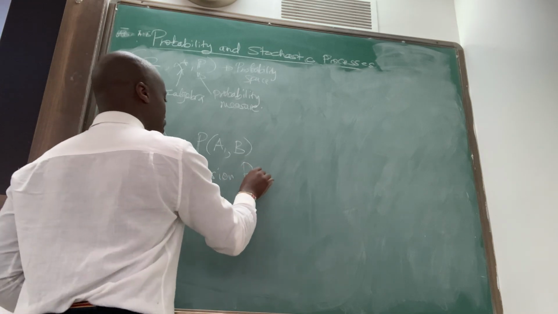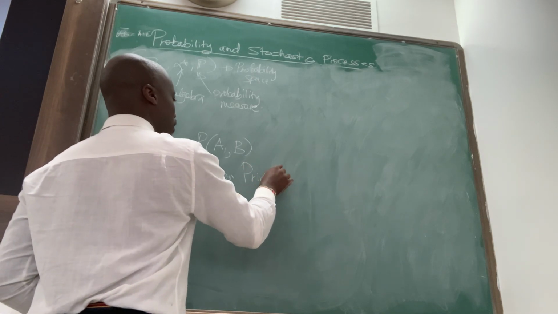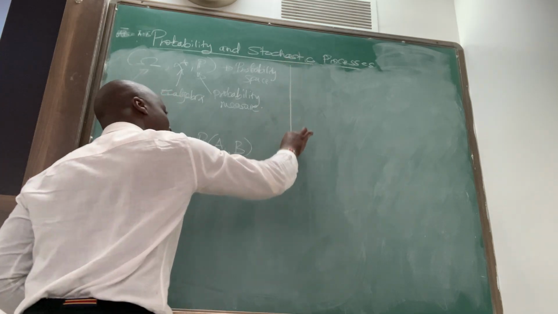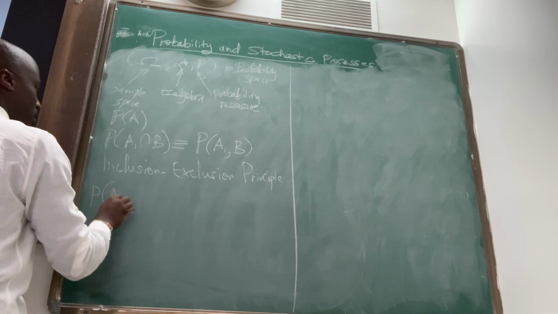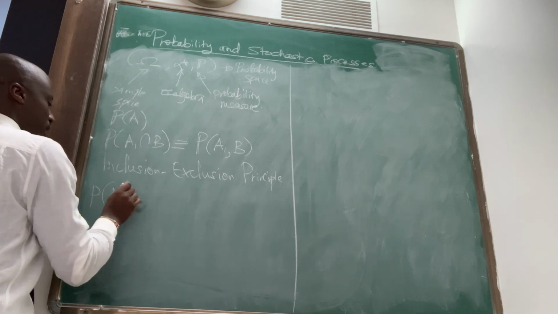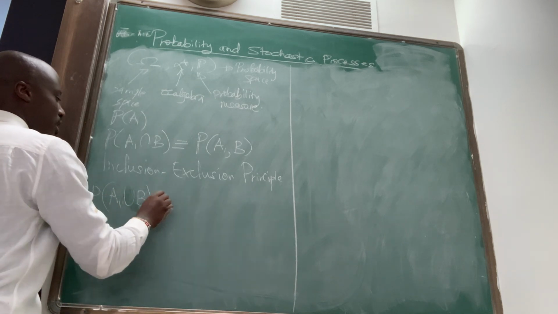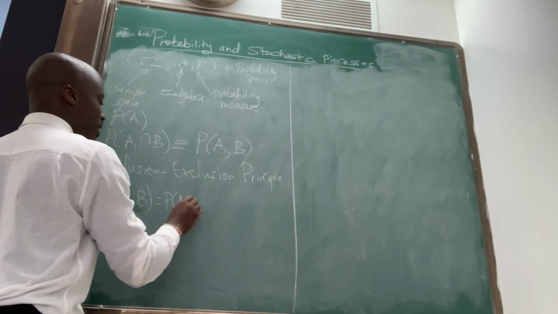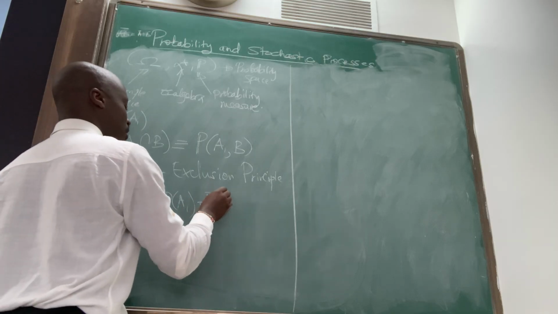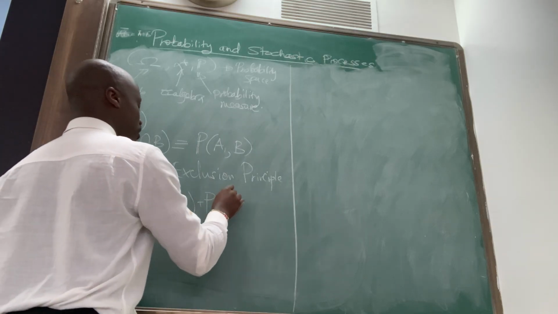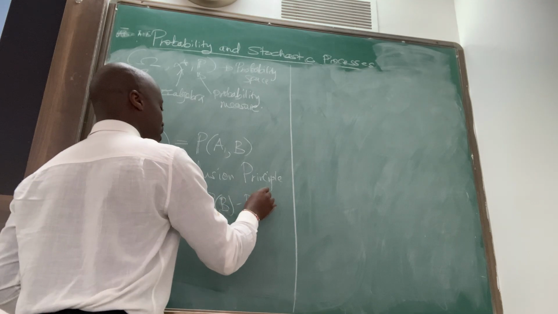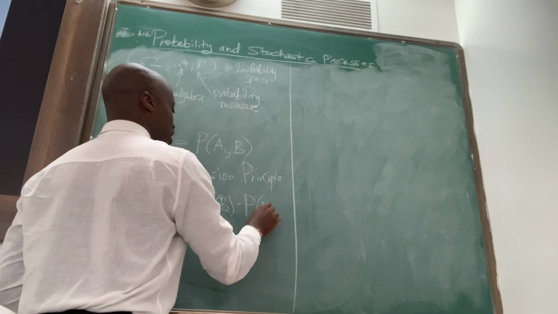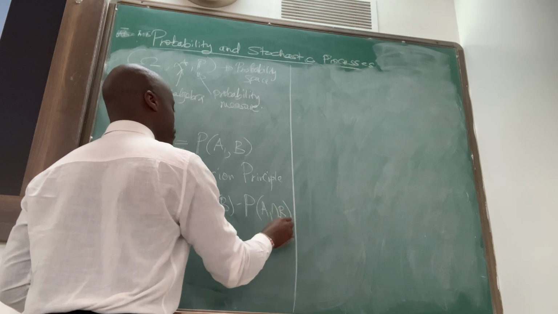What you're saying is the probability of A1 union A2 union B is just going to be the probability of A1 plus the probability of A2 plus the probability of B minus the probability of the intersection between A1 and B.